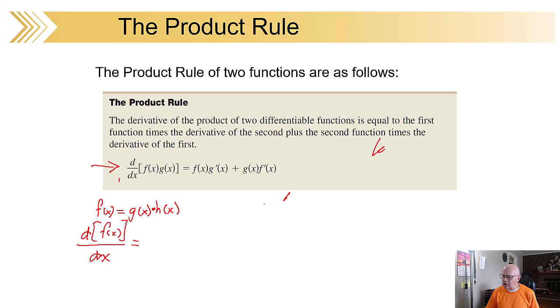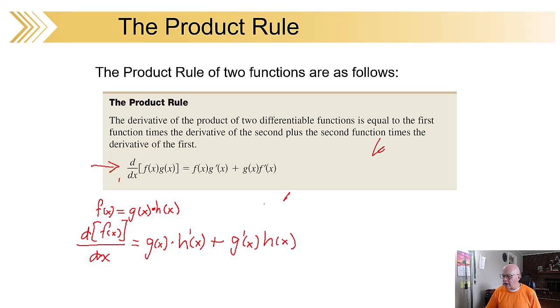All you need to do is take each one of those functions and multiply it times the derivative of the other function. So let's start with g of x times h prime of x, the derivative of h of x, plus, then we'll just reverse the roles, g prime of x times h of x.